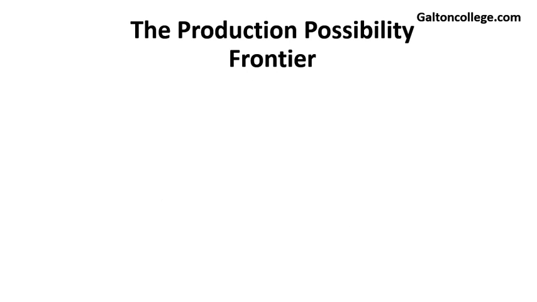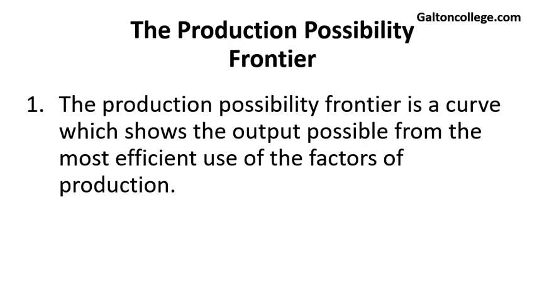To do this, we use a technique called the production possibility frontier. The production possibility frontier is a curve which shows the output possible from the most efficient uses of the factors of production. So we take the four factors of production: land, labour, capital and entrepreneurship, and we combine them most efficiently, and that gives us an output.